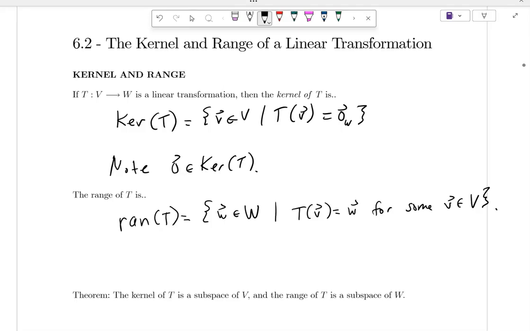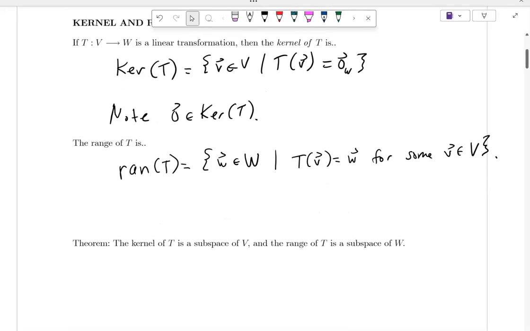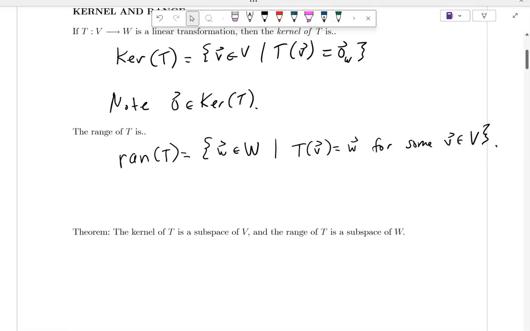It's everything in the codomain that something in the domain gets mapped to. That's what we mean by a range. The set of all possible outputs. As you may guess, these turn out to be subspaces.